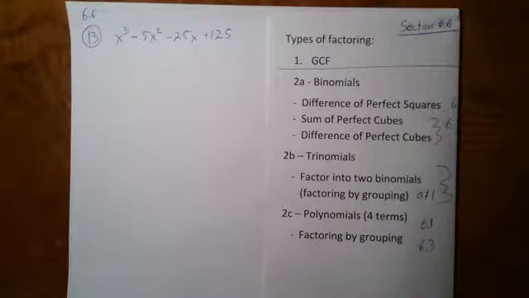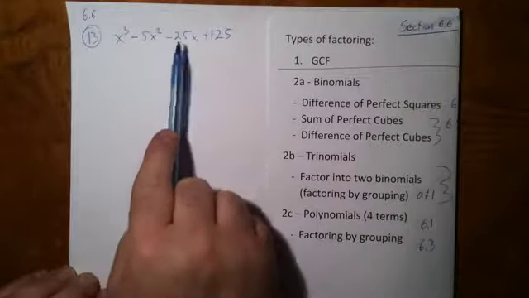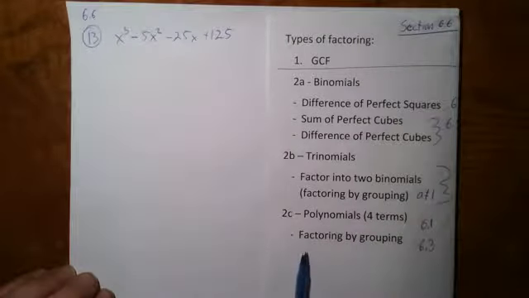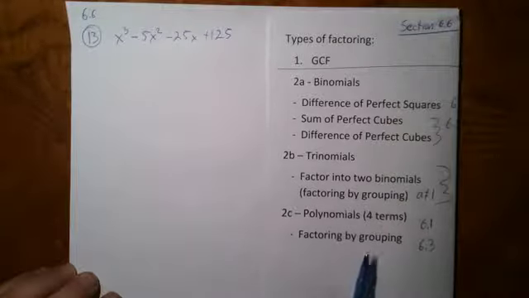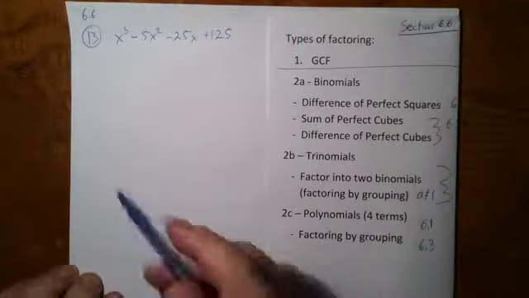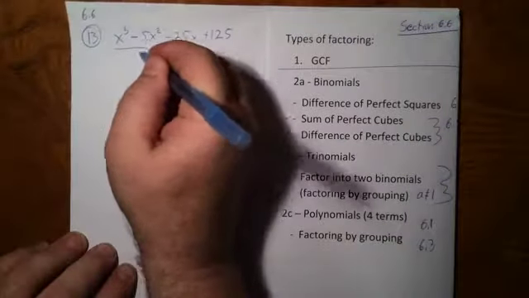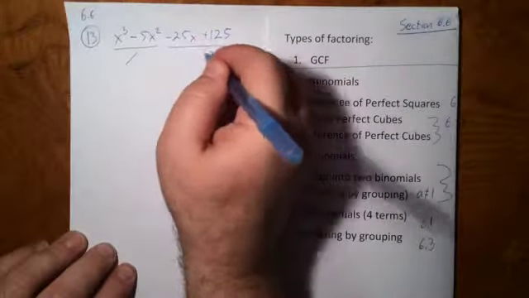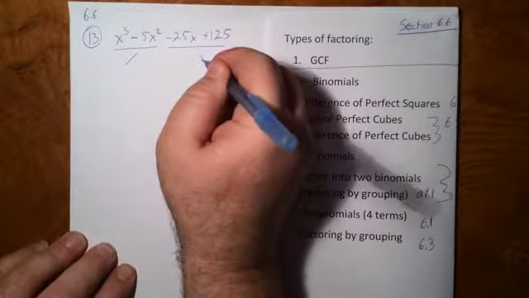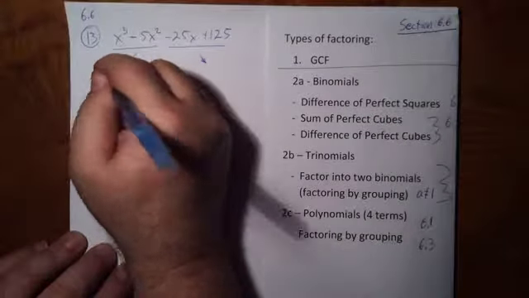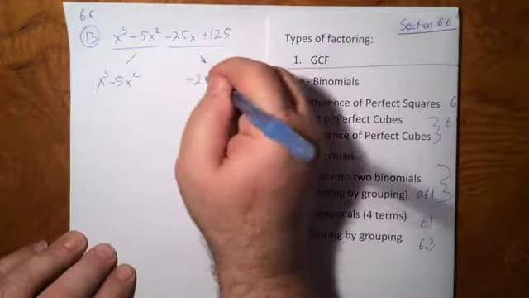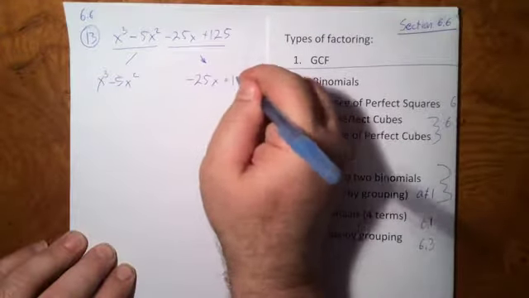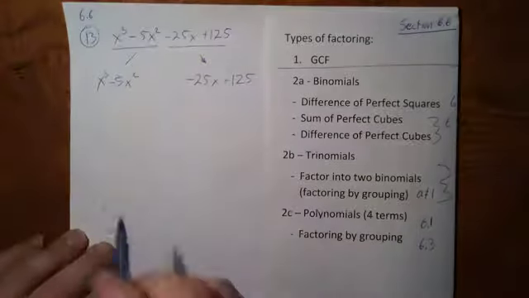So at this point we say, okay, we have 1, 2, 3, 4 terms, and we realize that most likely the type of factoring involved in this question is factoring by grouping. So let's go ahead and apply factoring by grouping. I'm going to split it up as I've done in other videos. This is going to be x to the third minus 5x squared, and this will be negative 25x plus 125.